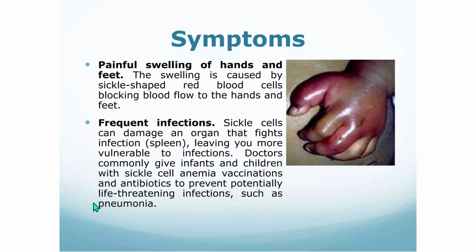Usually the sickle cells can damage the spleen. So if the spleen is damaged, what happens? It means that infections can easily get into your body, and that is why it is sometimes advisable for patients with sickle cell to take antibiotics, because the crisis damages the spleen, which lowers the immunity of the body.